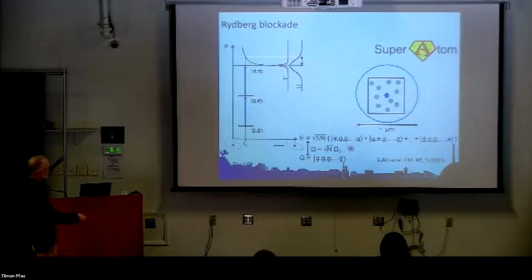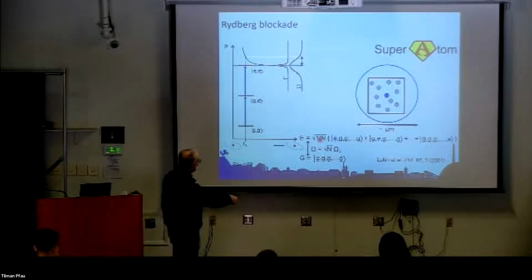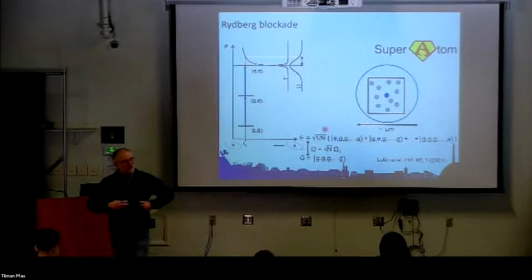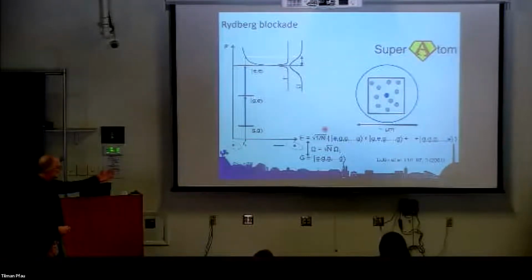Yes. So if you do the calculation with a single atom Rabi frequency omega 0, you see that the collective Rabi frequency is enhanced by a factor of square root of n, because there are n terms here, but you have to multiply by 1 over square root of n. So what is left is square root of n times omega 0. This is a brilliant idea. I mean, it goes back to a paper by Lukin and others 20 years ago.